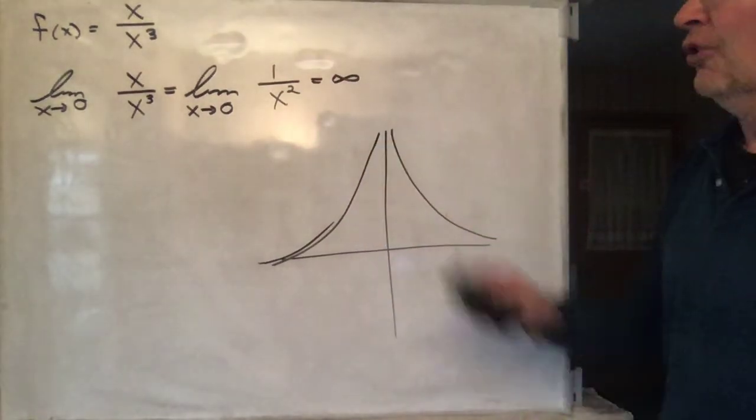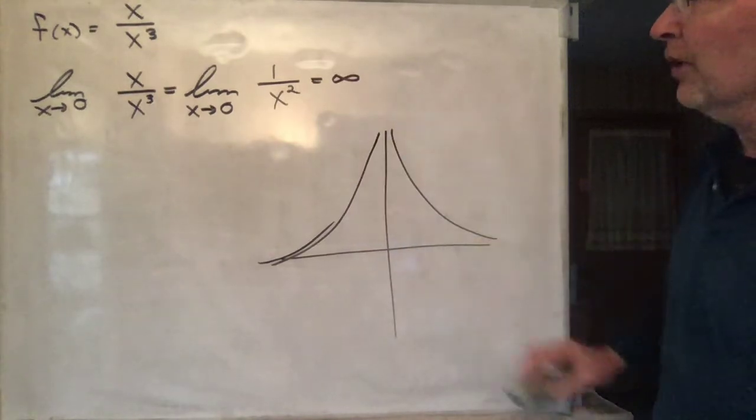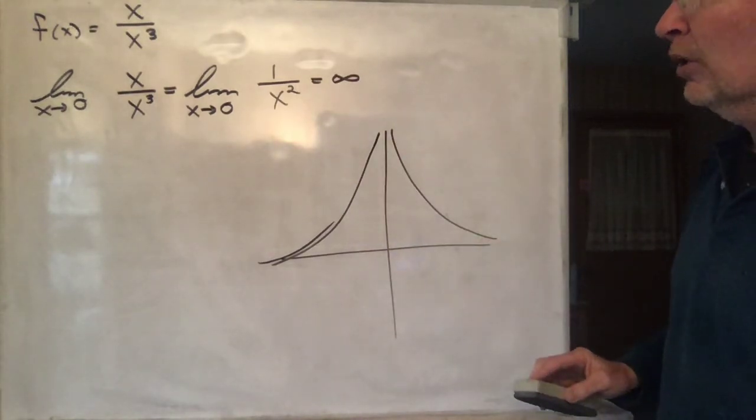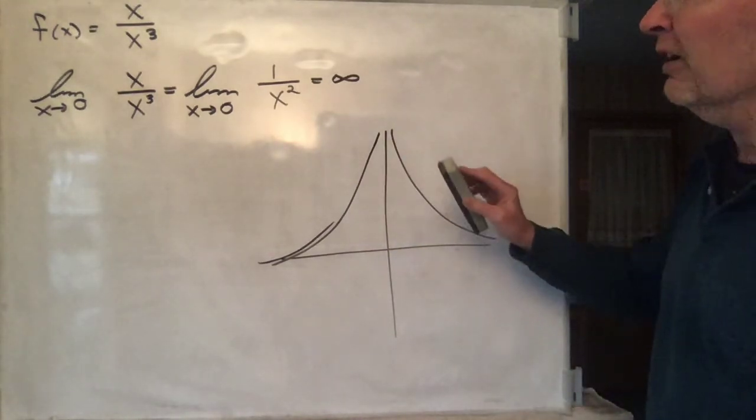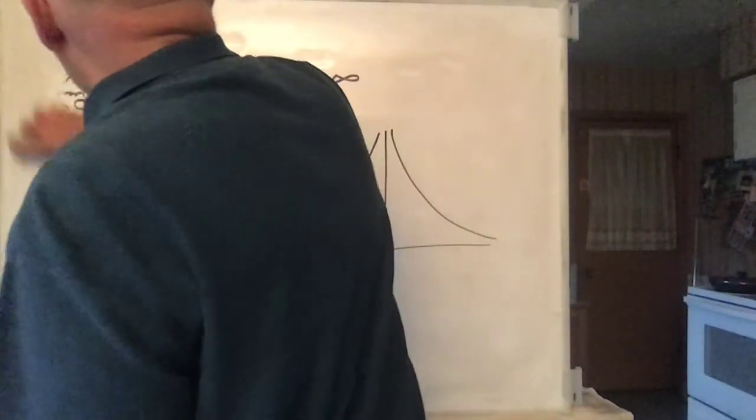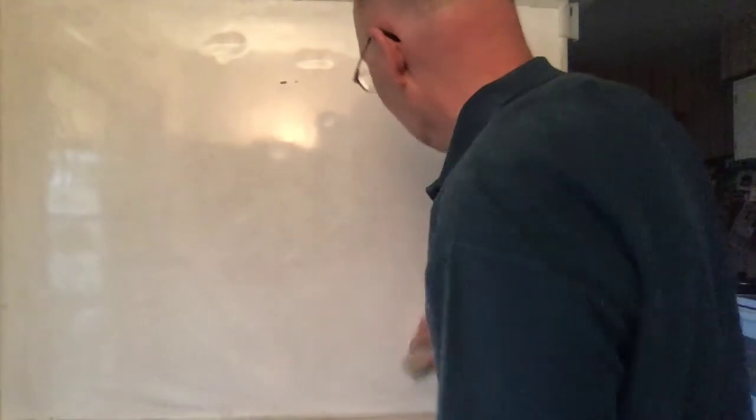Okay, so those simple little problems really contain most all the various kinds of behaviors of functions when you get this 0 over 0. And so once you understand those, then you can just apply it to things that are a little more interesting.